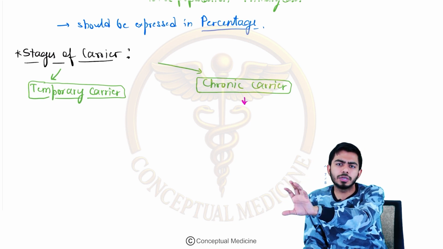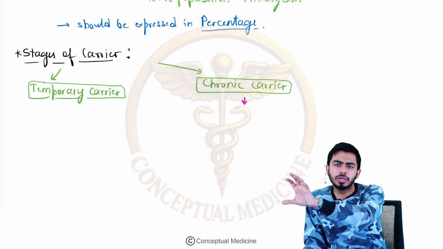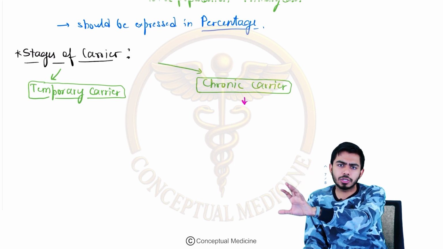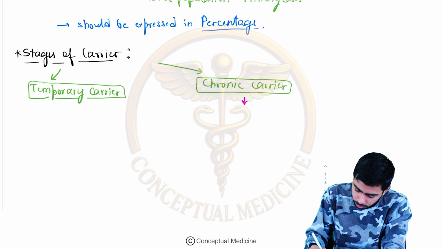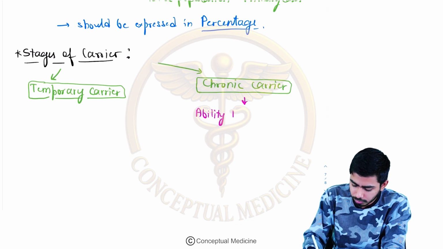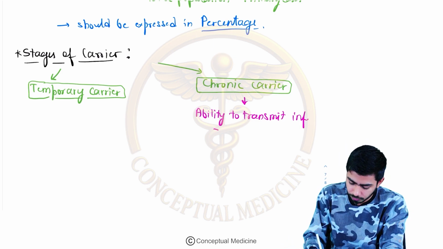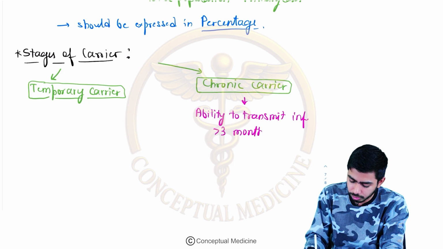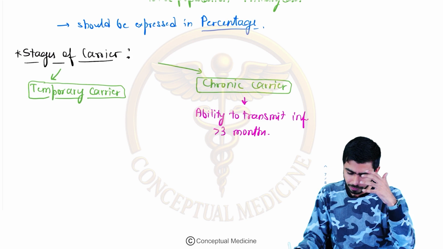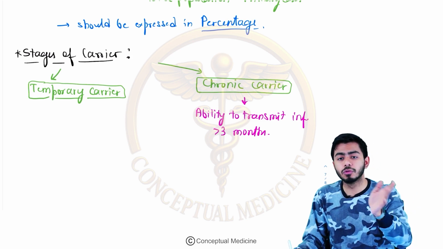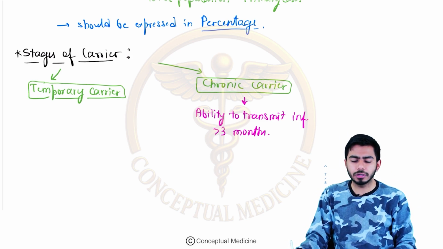In the chronic carrier, any person who is diseased and has the ability to transmit the infection for more than 3 months is called a chronic carrier. Chronic carrier is the ability of any person to transmit this infection for more than 3 months.